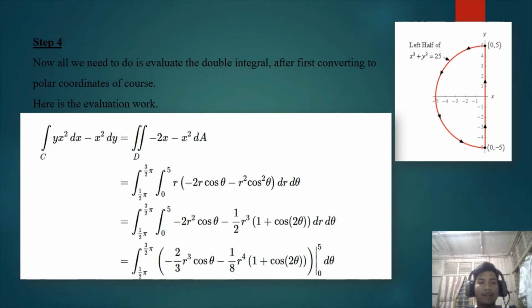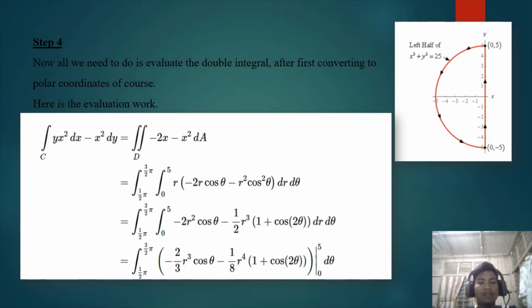For the next step, which is step 4, now all we need to do is evaluate the double integral after first converting to polar coordinates. So here is the evaluation work. Based on the question, the integral over C of y x squared dx minus x squared dy equals the double integral over D of negative 2x minus x squared dA.